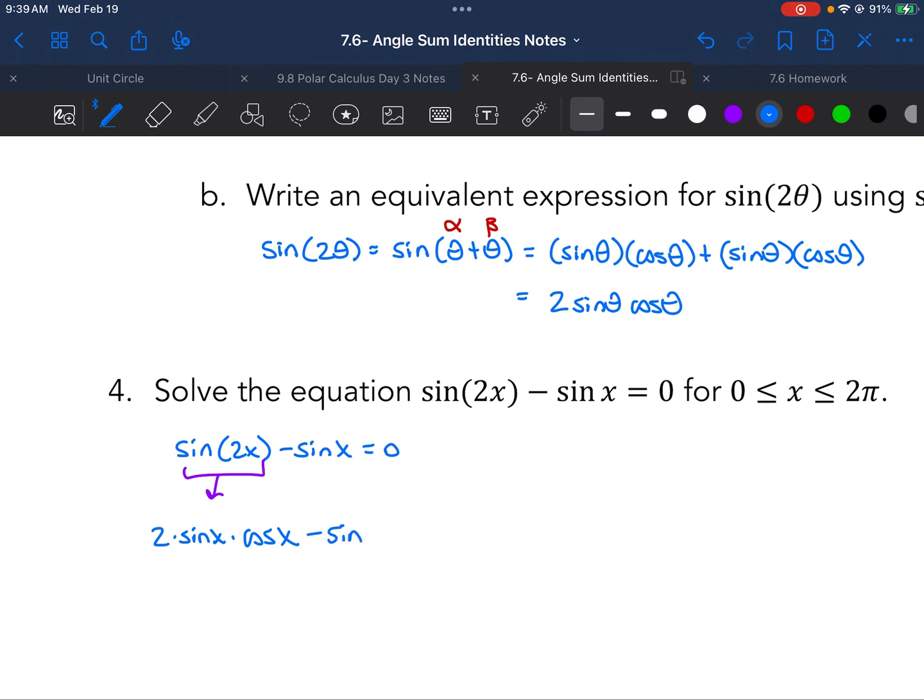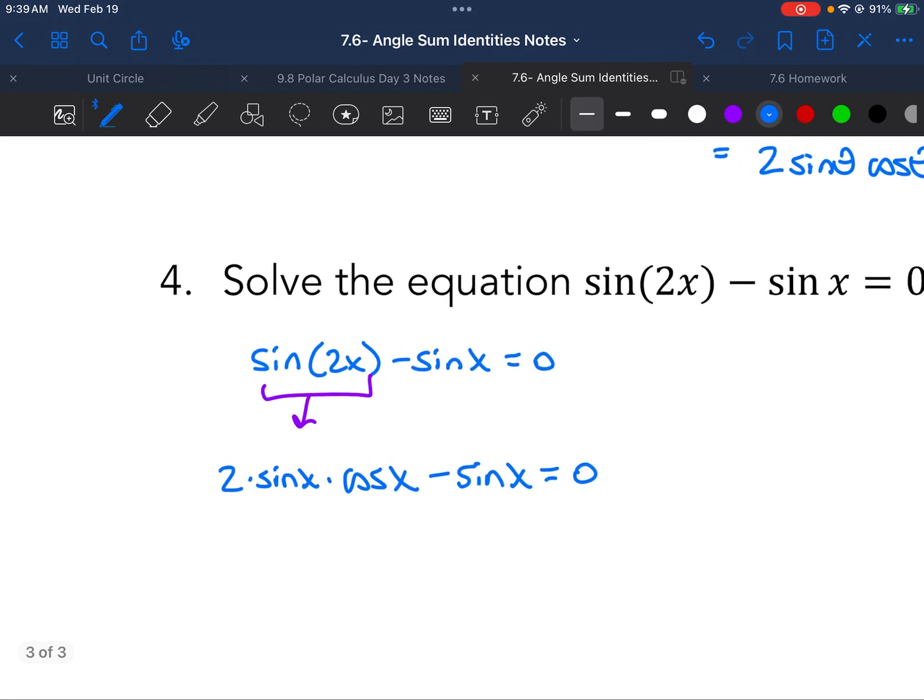Then we drop down our minus sine x equals 0. All right, notice now that both terms have a sine in common that can be factored out. Let's factor out the sine. If I factor sine out from 2 sine x cosine x, we just get 2 cosine x. If I factor sine out from negative sine, I get negative 1.